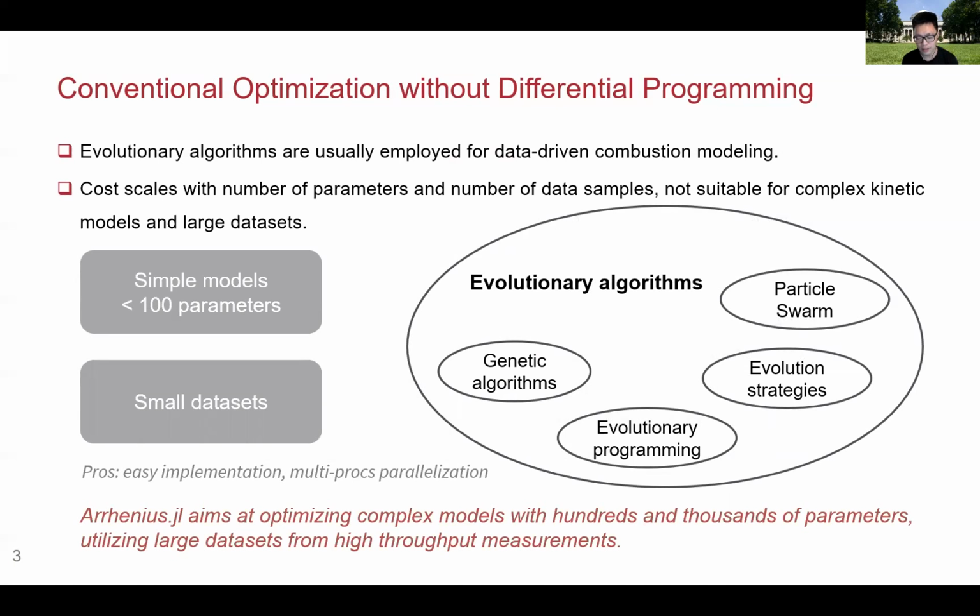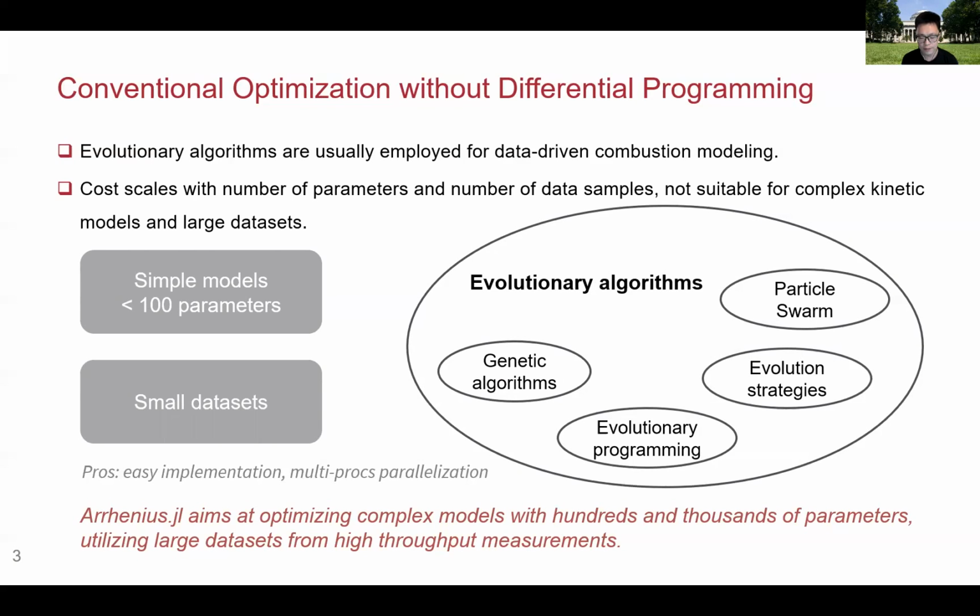But the major challenge for evolutionary algorithms is that the computational cost scales with the number of parameters and also the number of data samples, so they are not suitable for complex kinetic models and big data sets.